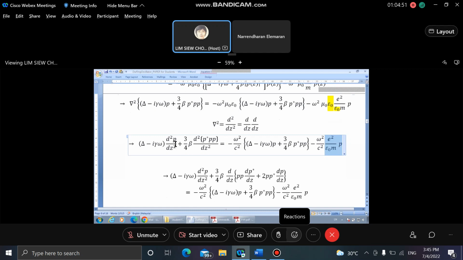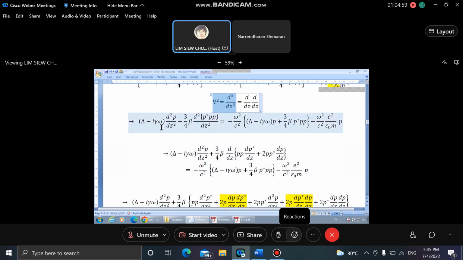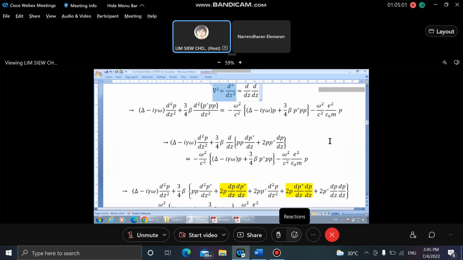So my approach here is just to simplify this and this del. I write term by term. Okay, and then after this, I simplify this term. So I expand this term. The derivative of P star PP is d over dz of PPP.